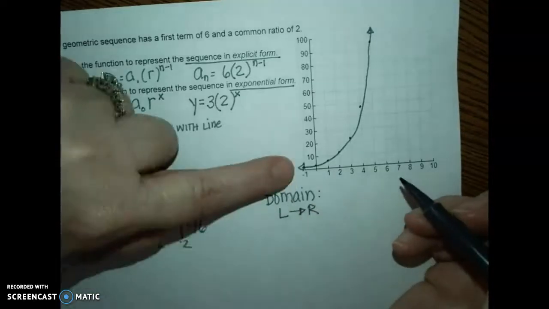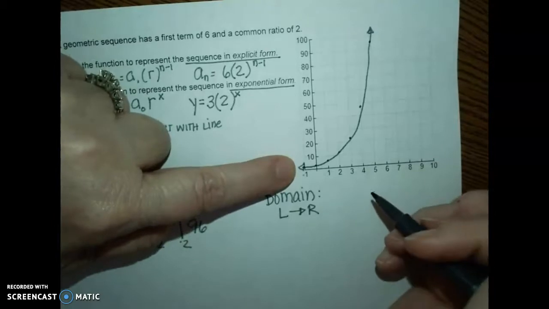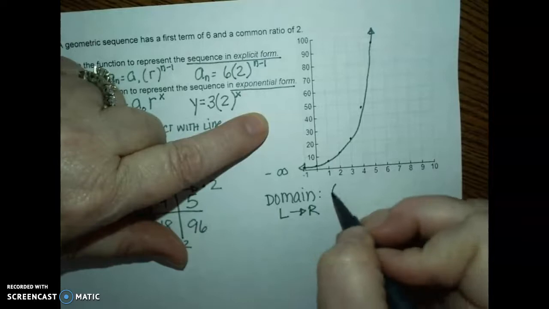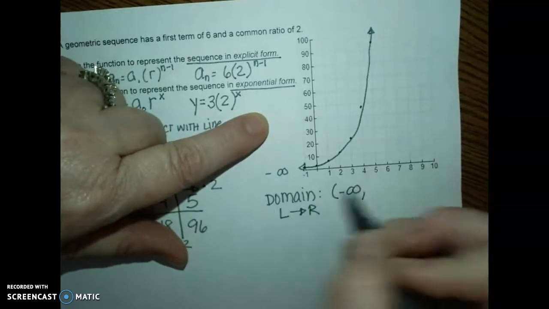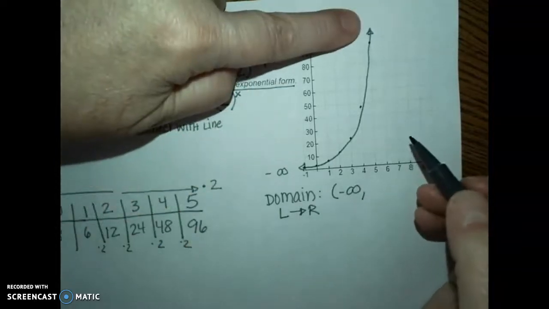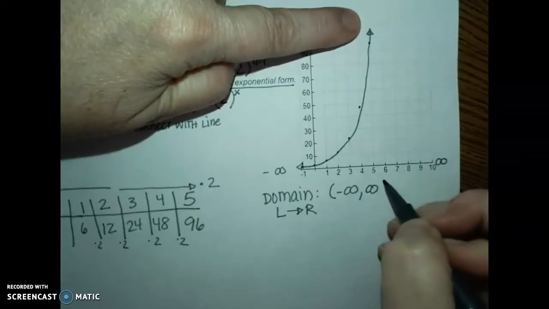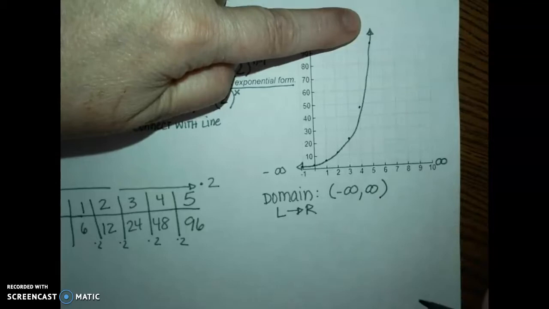When I look on the left-hand side of the graph, it's never going to stop going left, so back over there x's are negative infinity. It's going to start at negative infinity, and it never stops going to the right, where x's are positive infinity, so it's going to be negative infinity to positive infinity.